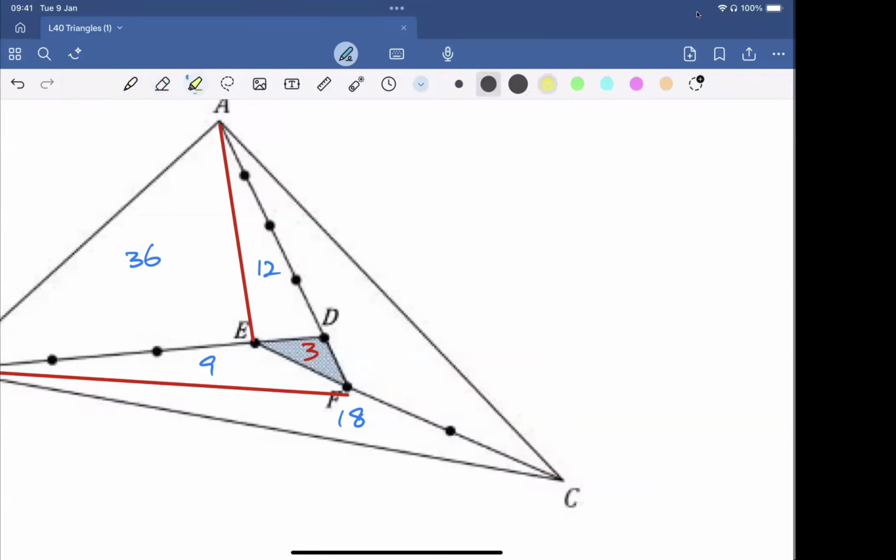I just want you to look at this triangle. Okay, this triangle here. Okay, the entire blue triangle. And I want you to compare it with the entire pink triangle.